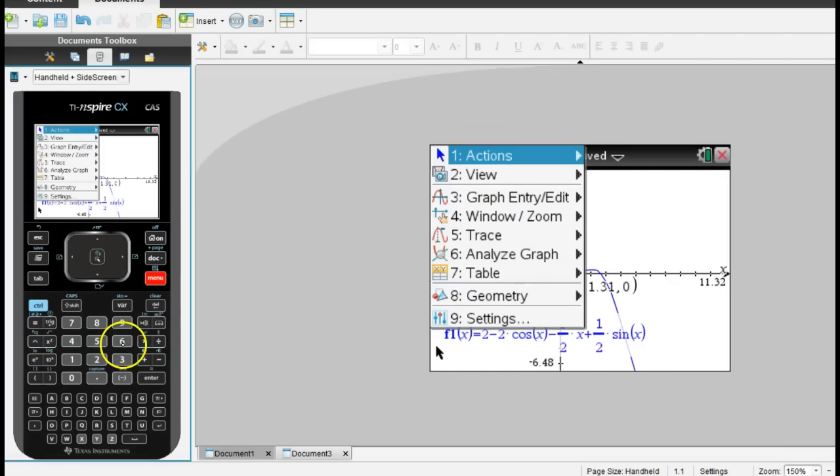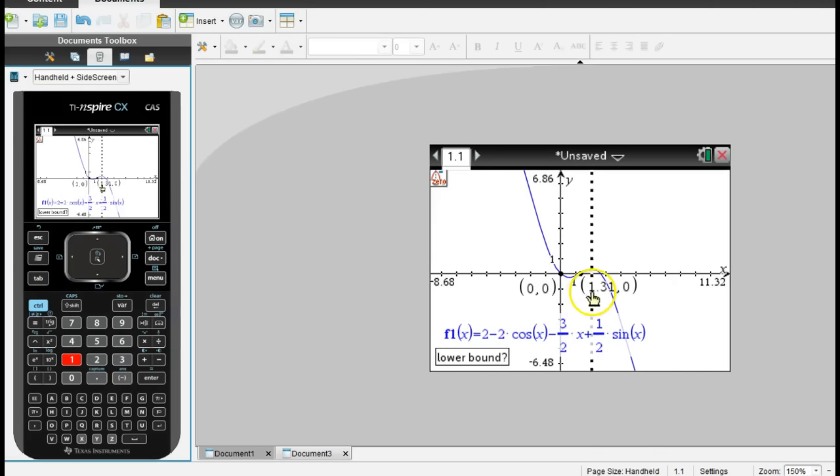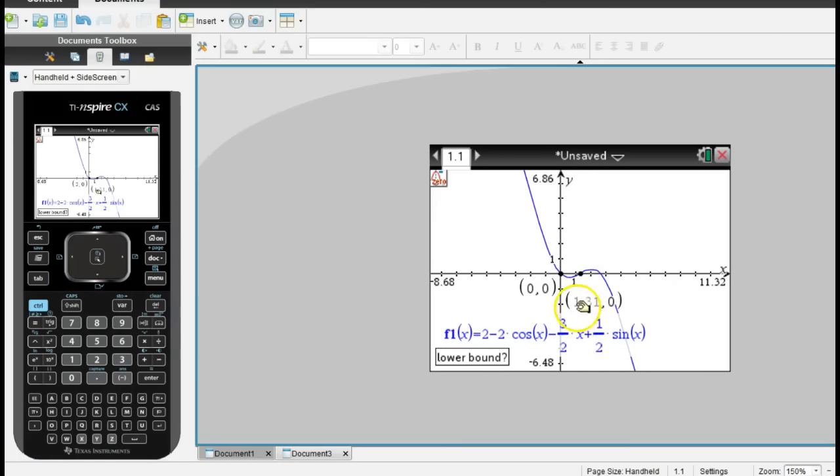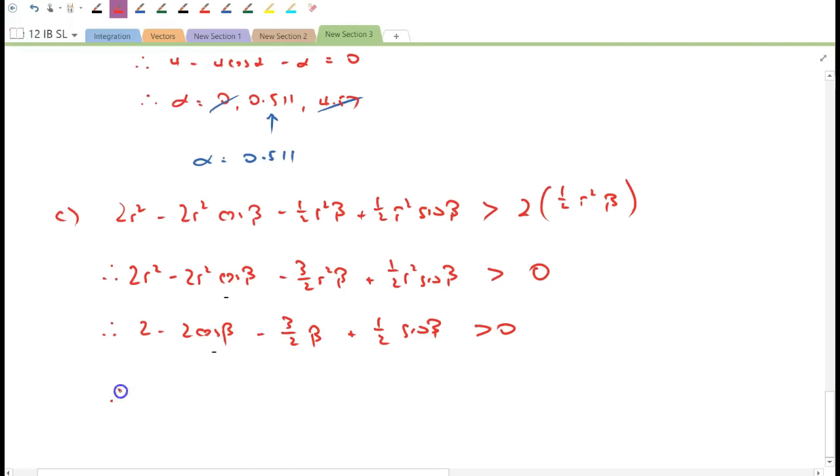And menu 6.1, go back in and find out where, and 2.67. So, where is it greater than 0? Well, it's less than 0 outside, but that's not in our domain. It looks like it's greater than 0 between 1.31 and 2.67, which are both within our domain. So therefore, between 1.31 and 2.67 are our values of beta that solve that inequality.